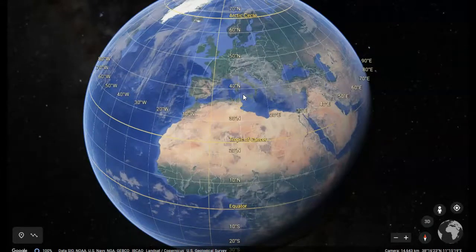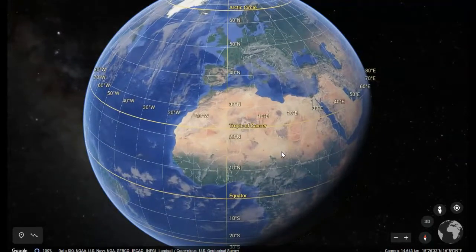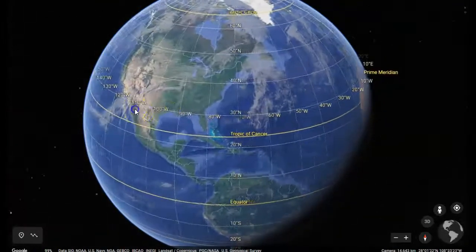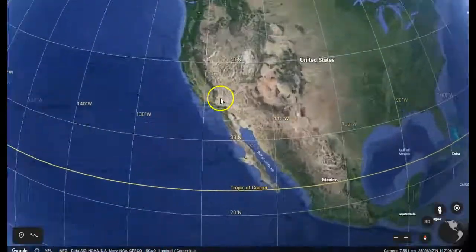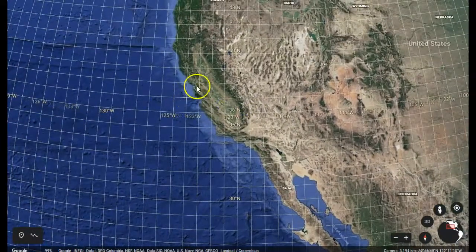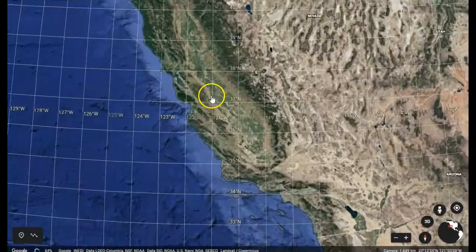Okay, so why do we care? Why does it matter that we have the equator and the Tropic of Cancer and the prime meridian? Well, it's all to figure out your location. So you can pinpoint exactly where you are, and see how the lines get smaller as we scroll in.